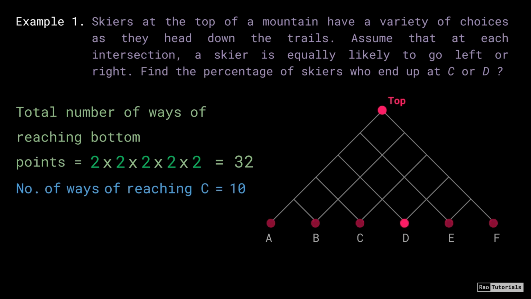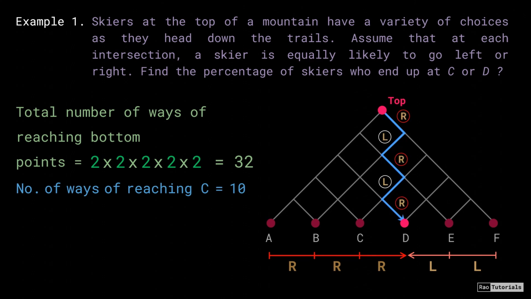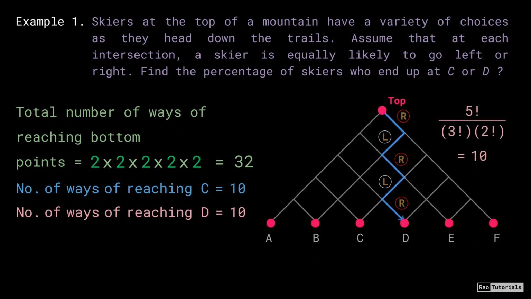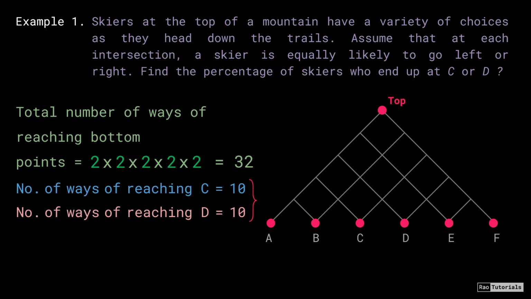Now for point D, observe that D is 3 units on the right side from the leftmost point A and 2 units on the left side from the rightmost point F. So if a skier takes 3 right turns and 2 left turns in any order, he will always be reaching point D. And 3 rights, 2 lefts can be ordered in 10 ways. So the number of ways in which a skier can end up at point C or D is 20, and the likely chance of it in percentage is 62.5%.